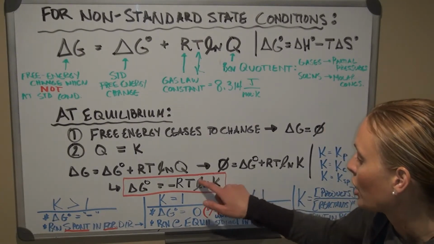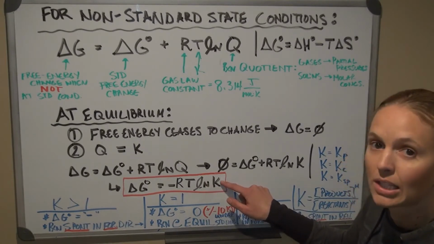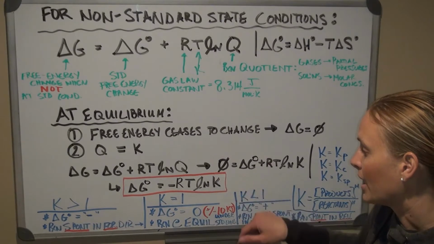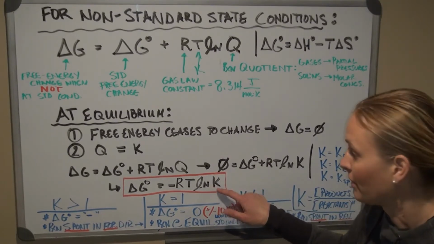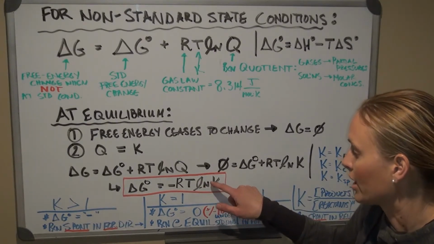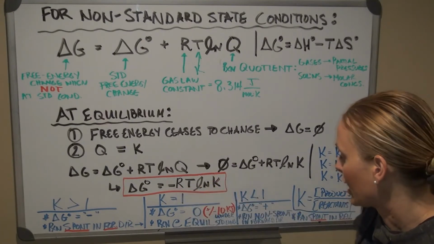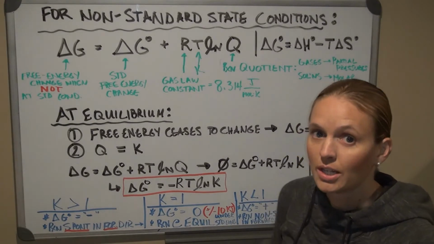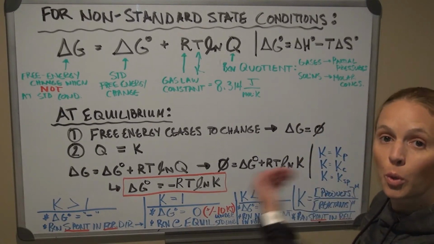And so we know mathematically that when K is less than 1, the natural log will be a negative number. Okay, so a negative here times a negative there gives me a positive, and that tells me that the reaction is non-spontaneous in the forward direction.